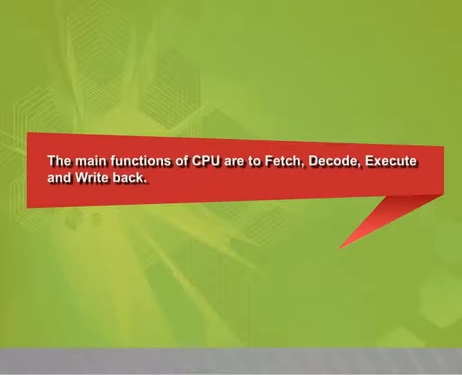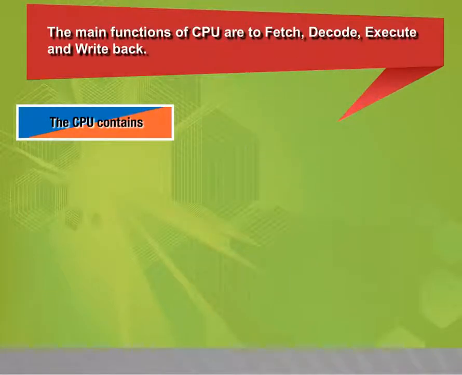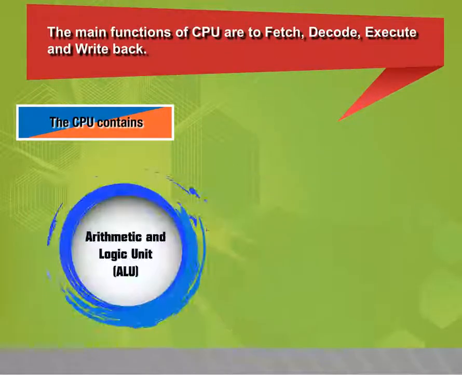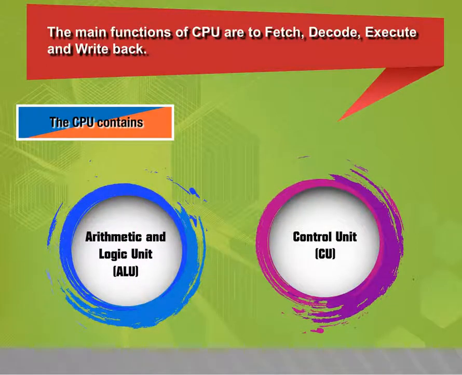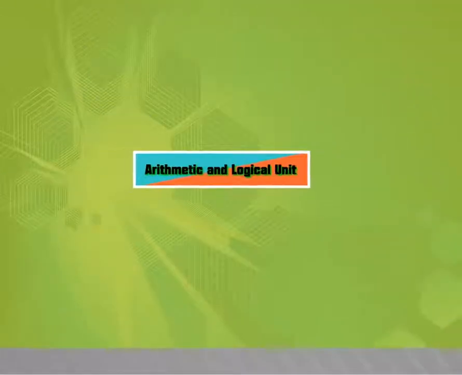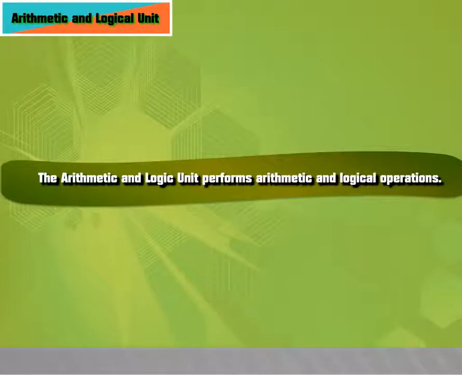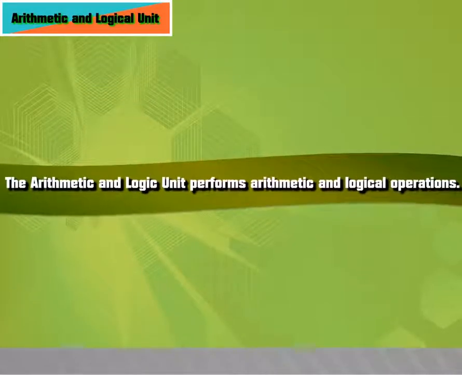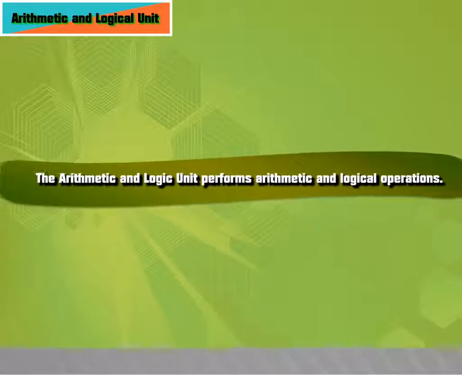The main functions of CPU are to fetch, decode, execute, and write back. The CPU contains Arithmetic and Logic Unit (ALU), Control Unit (CU). Arithmetic and Logic Unit. The Arithmetic and Logic Unit performs arithmetic and logical operations.